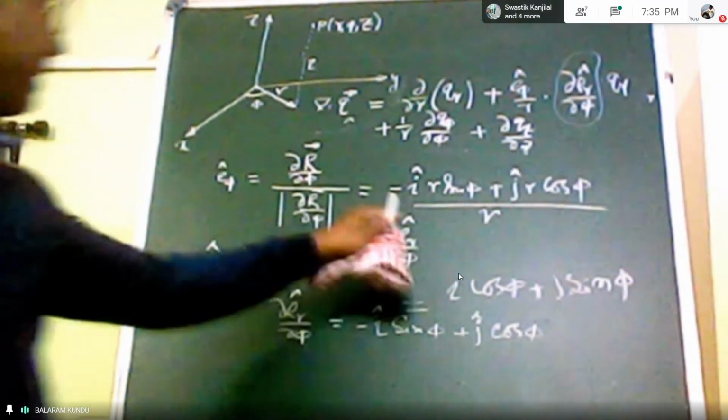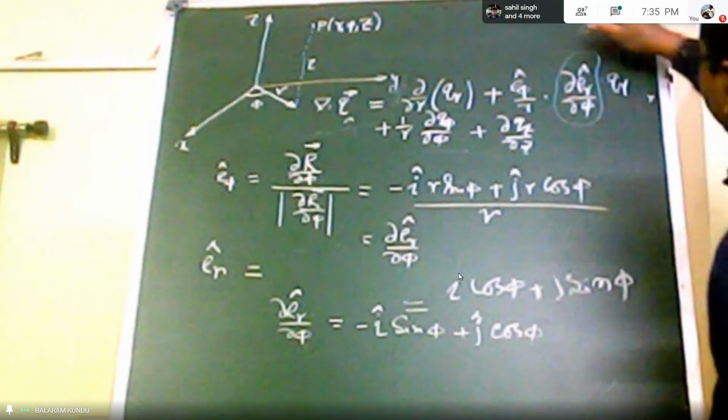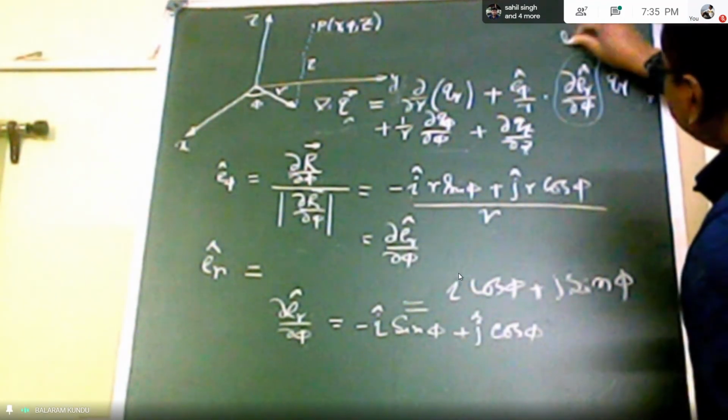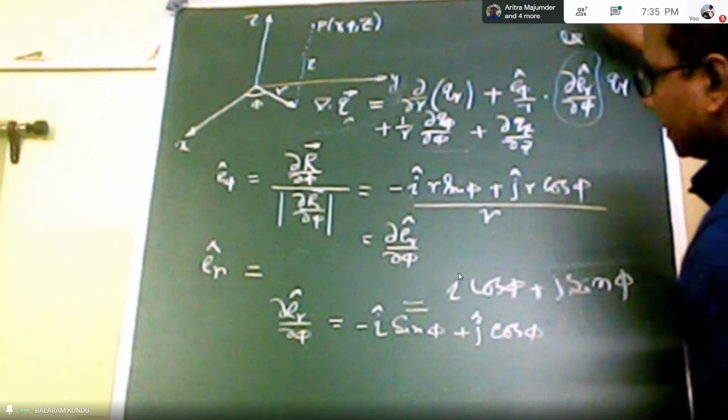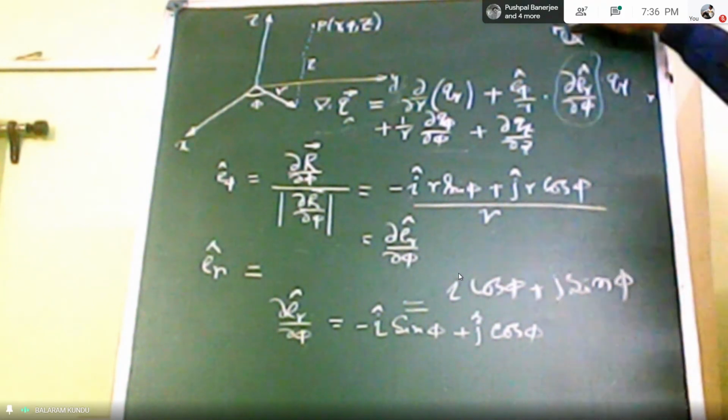So that means del E_r by del phi should be equal to E phi.